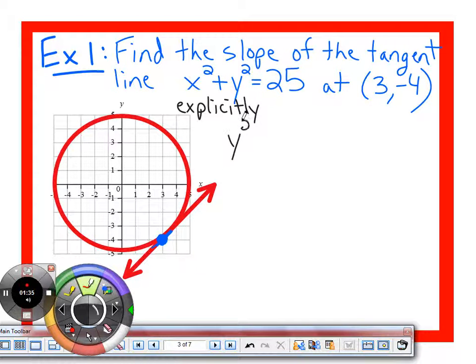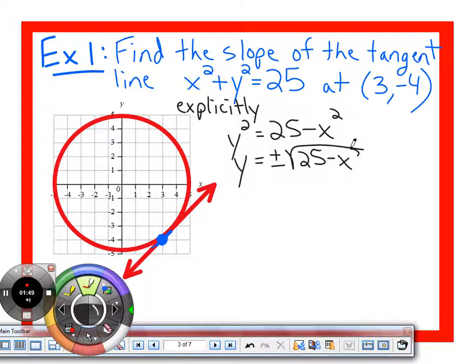So first, explicitly, I would try to solve for y. So y squared equals 25 minus x squared. And then I'd take the square root of both sides. So that would be plus and minus the square root of 25 minus x squared. This is really the upper and the lower half. The positive is the upper half of the circle, and the negative radical is the lower half of the circle.